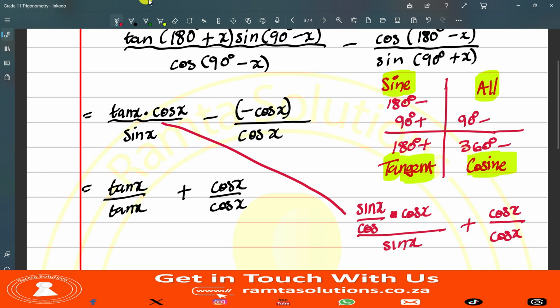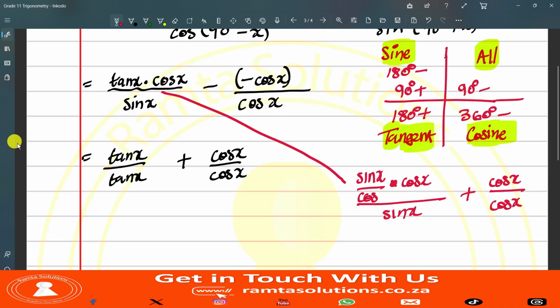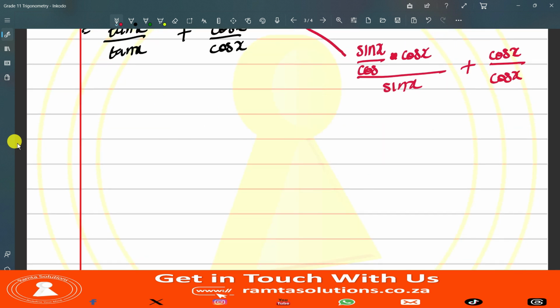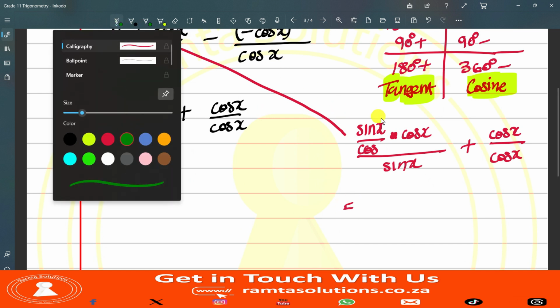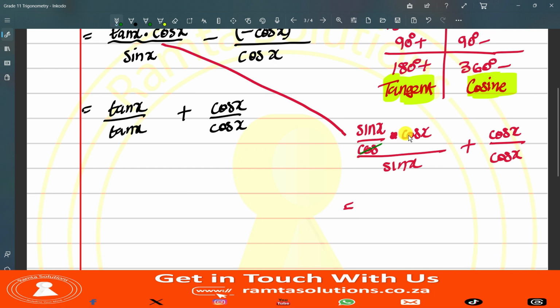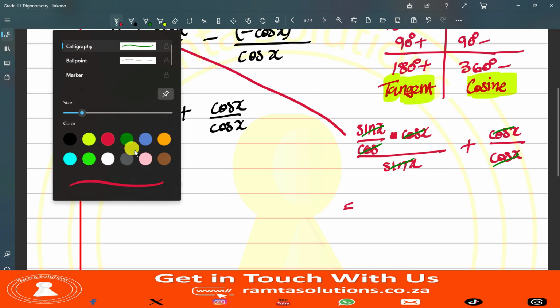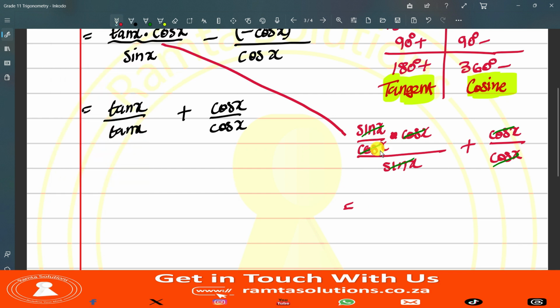As we move on, you can see cosine cancels with cosine, and sine will cancel with sine as well. So this is 1 and this will also be 1, and therefore our answer is 2.